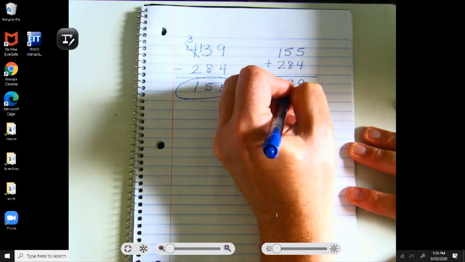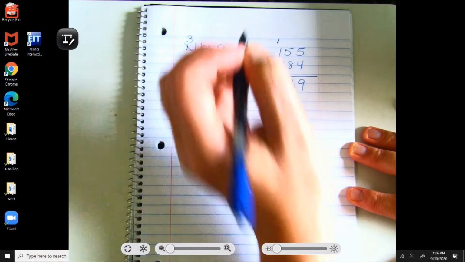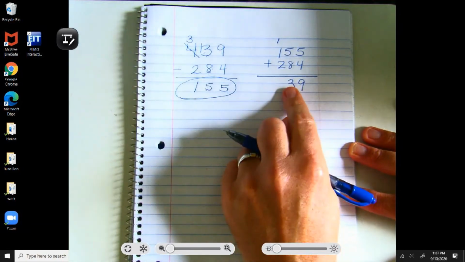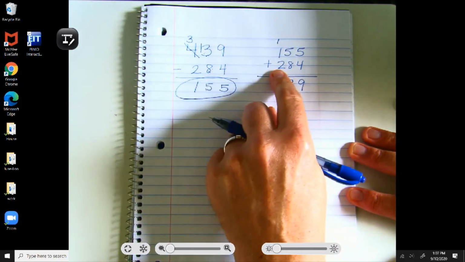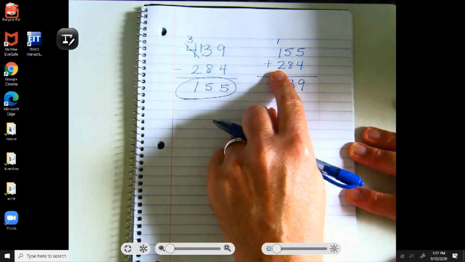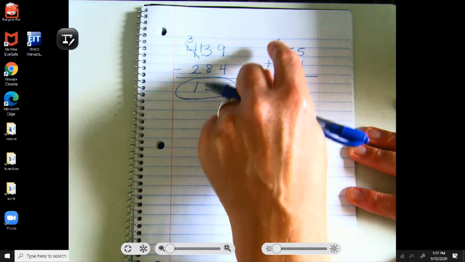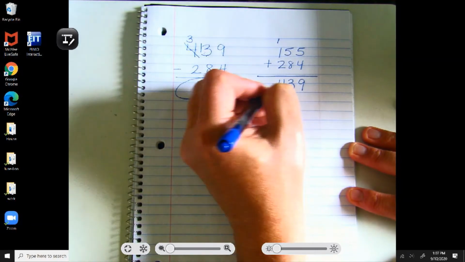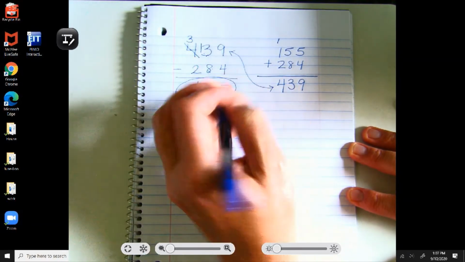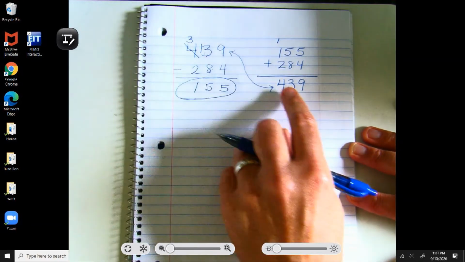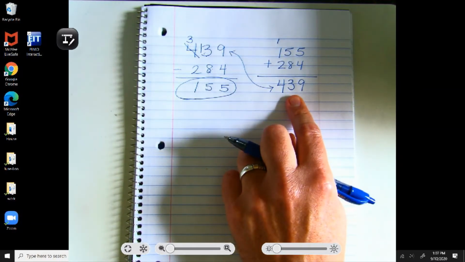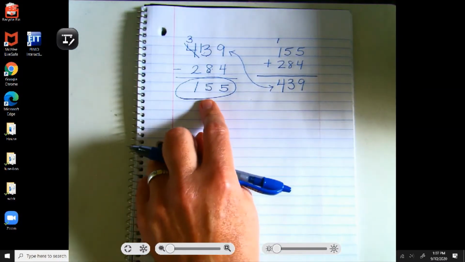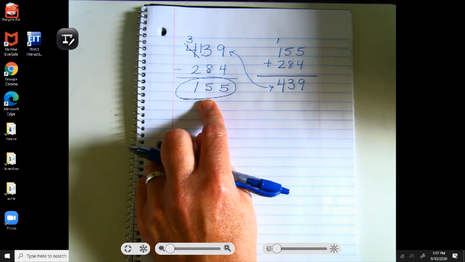I'm leaving my 3 ones and exchanging my 10 into the hundreds. 1 plus 1 plus 2. So 1 of the exchange plus the 100 plus the 200 makes 400. And then scholars, I can see, right, the whole I started with here is the whole I ended with here. So now I know 155 is the correct missing part.